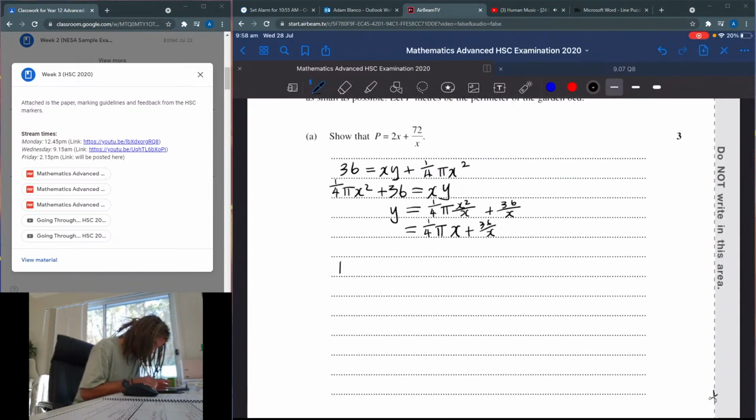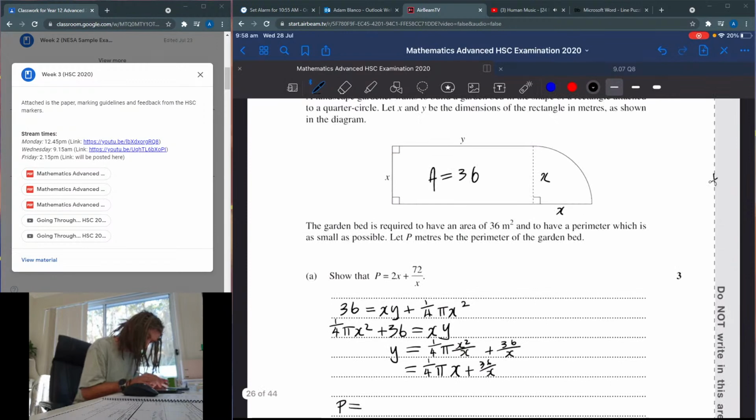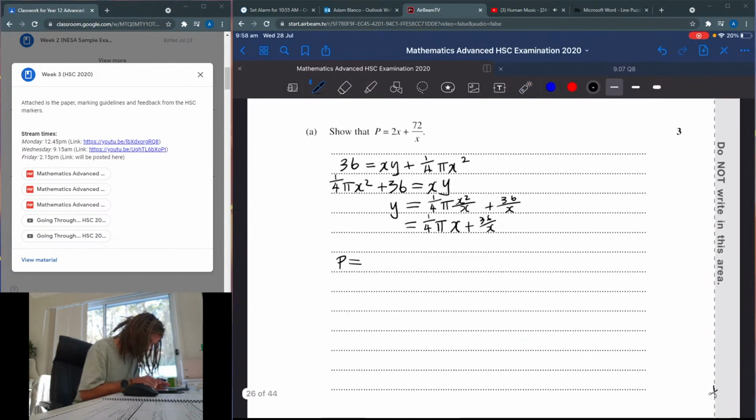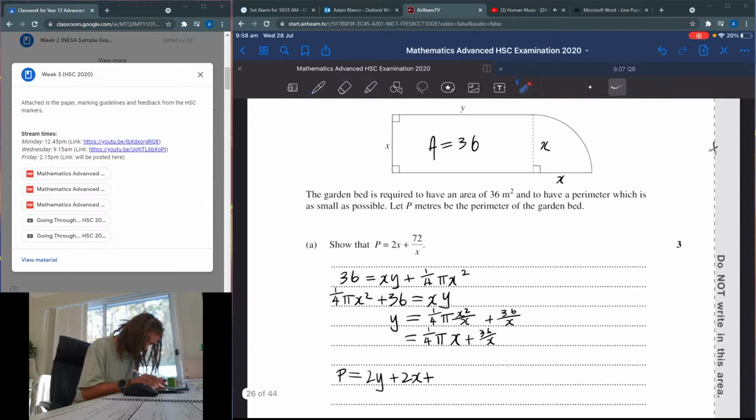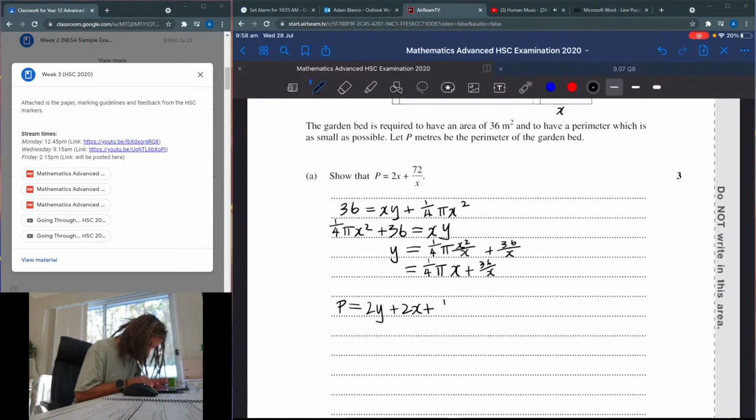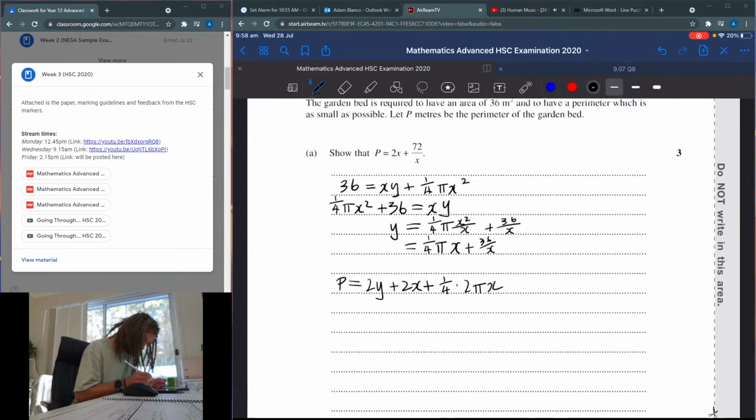So let's just go P equals, so what have I got? I've got 2 y's, 2 x's, so 2y plus 2x plus, now I need a quarter circumference. So it's a quarter times 2, that's a half. Quarter times 2 pi r, which is x.